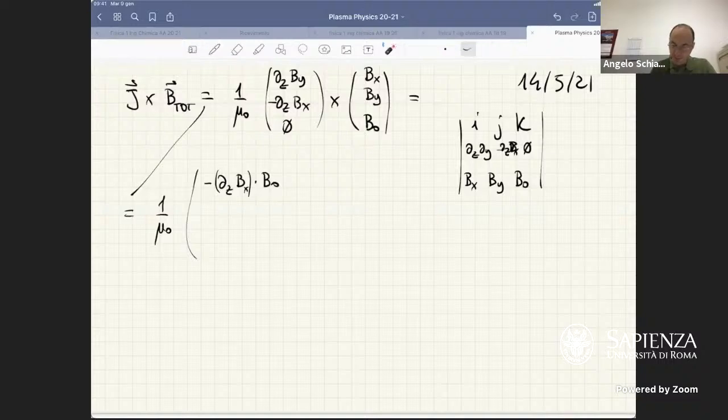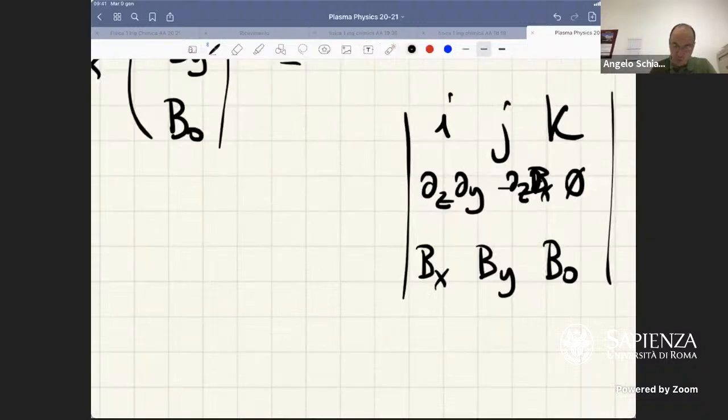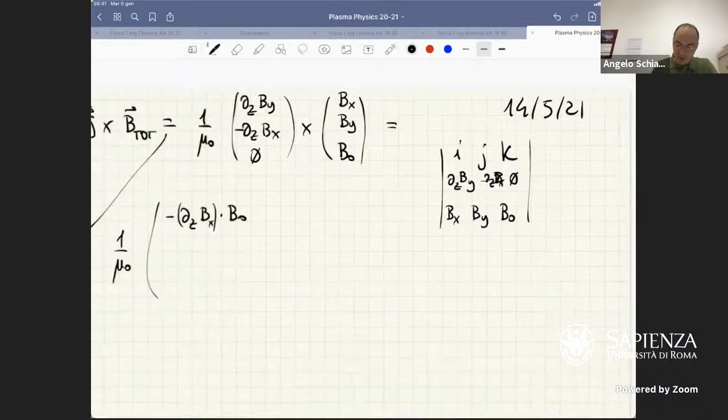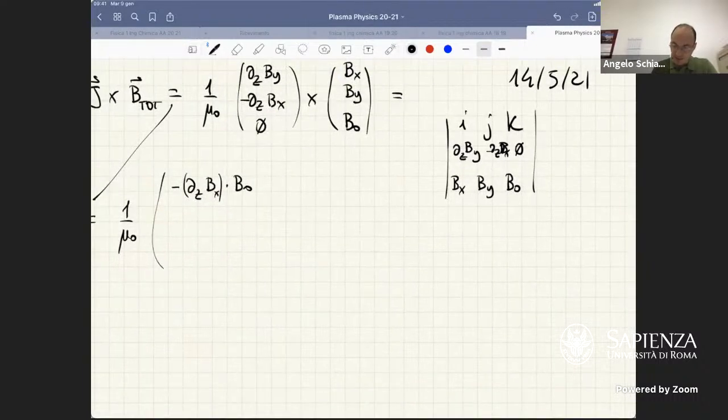Then the second component is, I wrote a dy, instead here is a by, magnetic field, okay? So let's do it again. So it's going to be dz by times b0, changing the sign, so minus dz by that multiplies b naught.